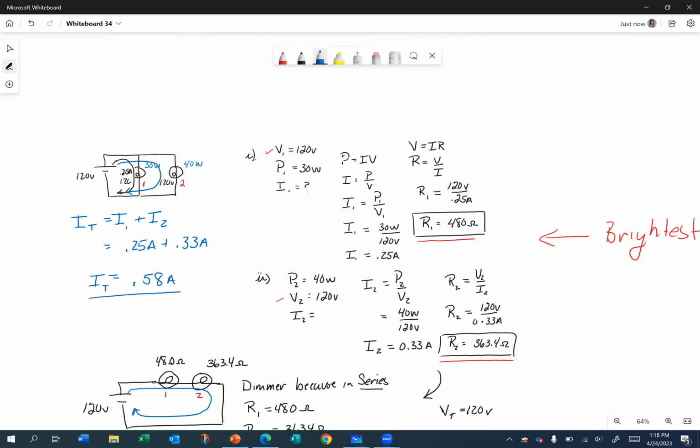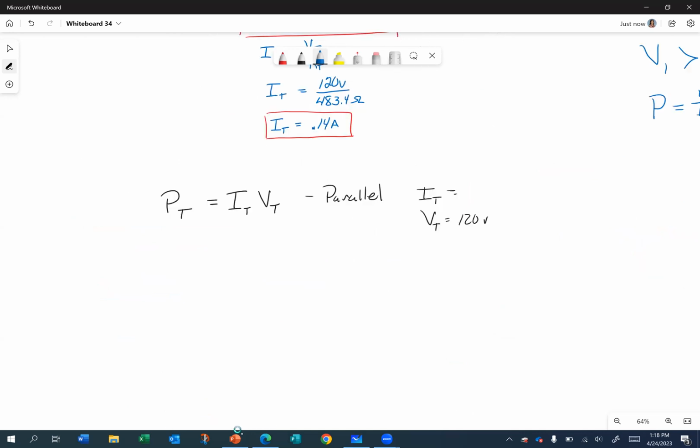So if we come down here, our total power dissipated, now in parallel, our total power is equal to 0.58 amps times 120 volts. So that total power is 69.6 watts, or 70 watts.